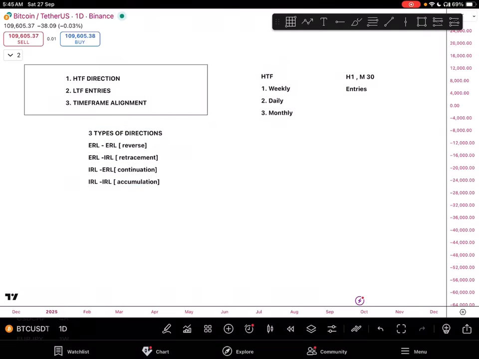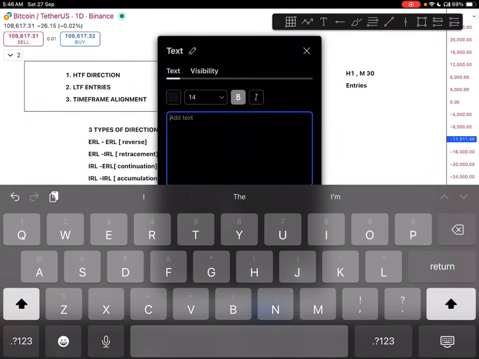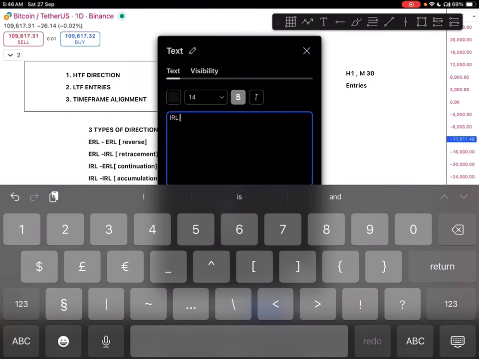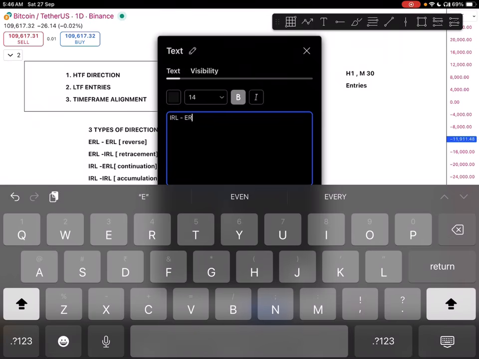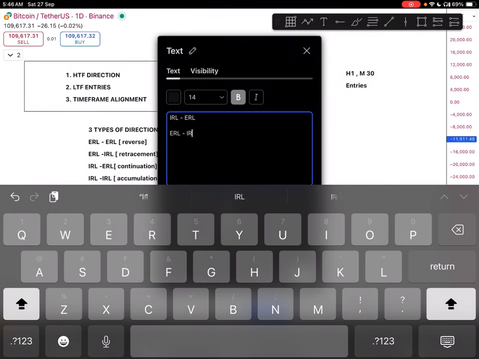In these types of directions, we always concentrate on continuation and retracement. We will always concentrate on internal range to external range liquidity for big moves, and sometimes external range to internal range.